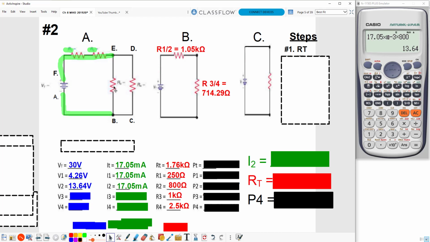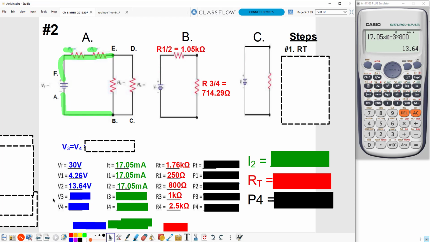Now, R3 and R4 are in parallel with the voltage source. So that tells me that V3 and V4 will be equal. They will be the same amount of voltage. V3 will equal V4.